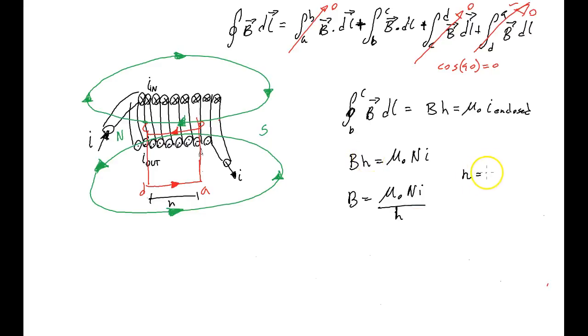Okay? So we can plug it in here, and you get B for something called a solenoid is equal to mu sub 0 n times I.